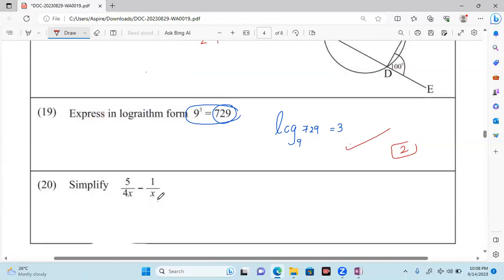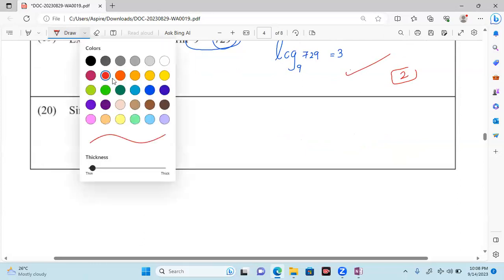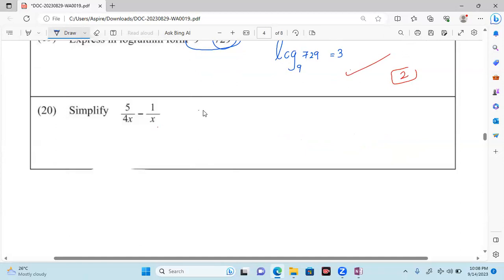This is an algebraic fraction to simplify. It doesn't matter what the fraction is, we always have to equate the denominators. This is multiplied by 4, this is multiplied by 4.